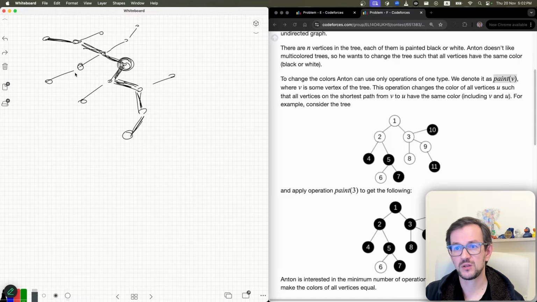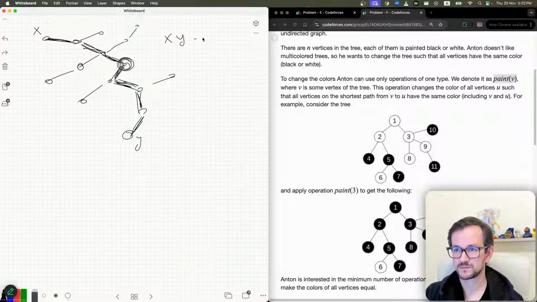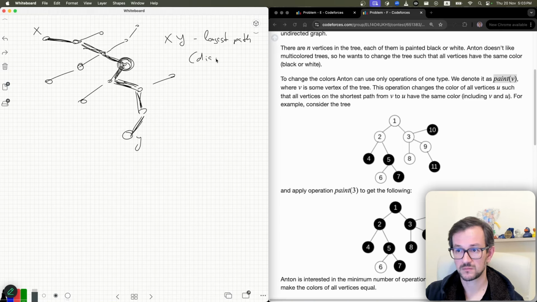Again, it's just something we have in a lot of problems about trees. The tree structure looks like this. In every tree we have a diameter. It is just the longest path in a tree. So this xy is the longest path. It's called the diameter.